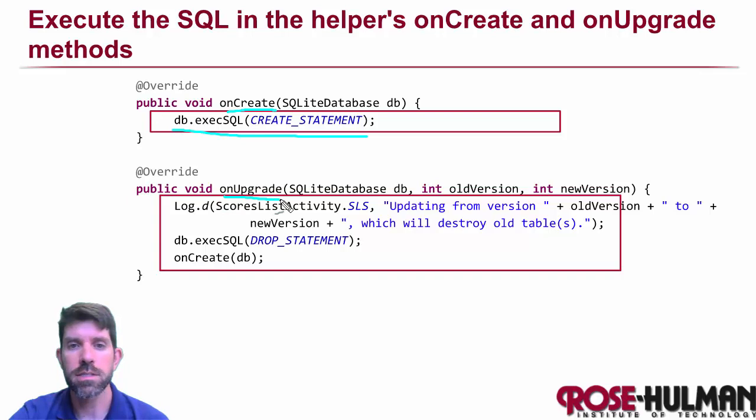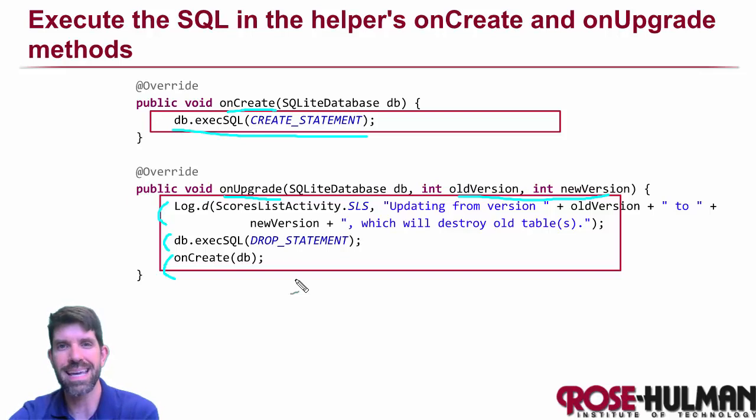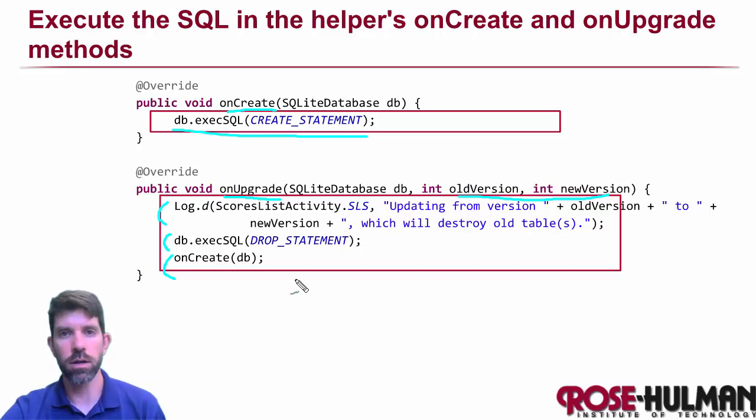And if you're ever asked to upgrade, between different versions, then we want to log a message and then drop and recreate our tables. Again, we're not worrying about trying to maintain the data that's in there if we add a database upgrade. Okay. All right. So it looks good.